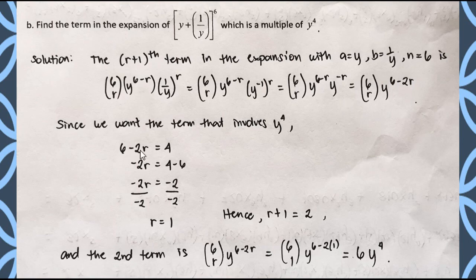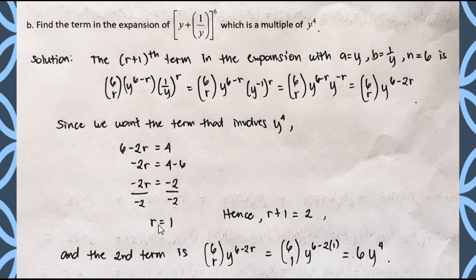So, 6 minus 2r is equal to 4. Negative 2r is equal to 4 minus 6, because basta mo tabok, ma-change ang sign. Then, 4 minus 6 is negative 2. Okay, negative 2 mapod sa, because we divide both sides by negative 2. So, r is equal to 1.